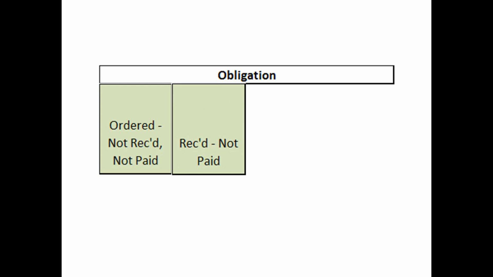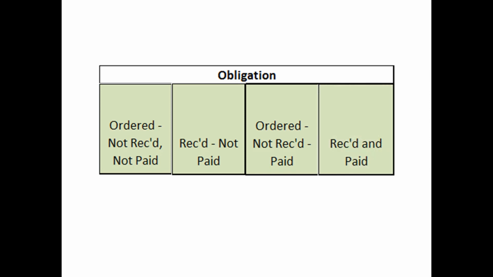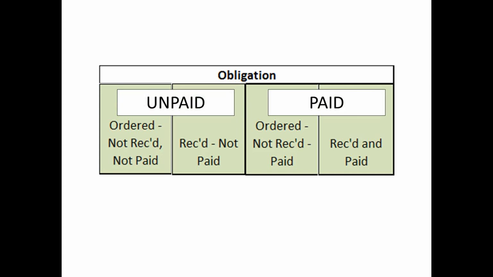You receive something you have ordered, but you haven't paid for it yet. You pay for something you have not received. Or you receive something you have ordered and you have paid for it. Note that the last 2 of these obligating events involve payments, and the first 2 do not. The last 2 events that involve payments are referred to as paid obligations or outlays.